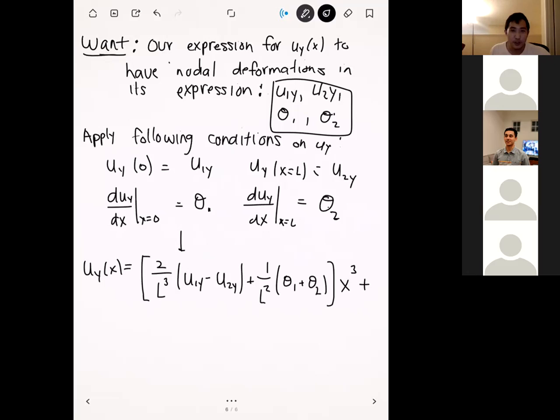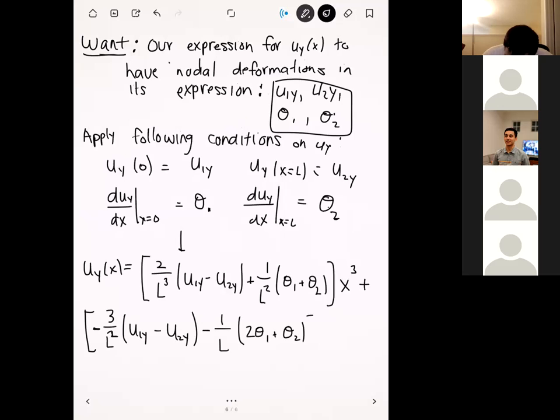Now we have 2 more coefficients to find, right? And so now let's write out a2. And so a2 is going to be minus 3 over L squared times (u1y minus u2y) minus 1 over L times (2 theta 1 plus theta 2), times x squared.